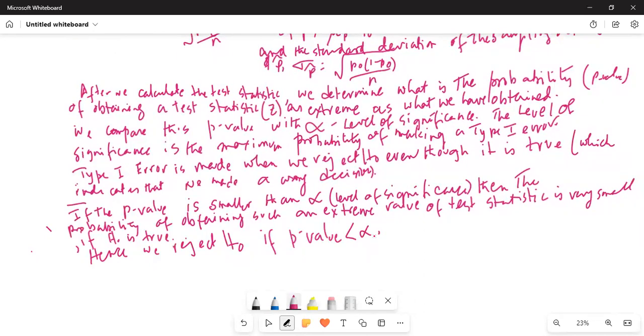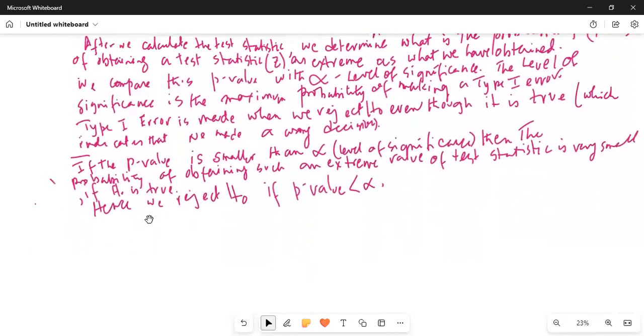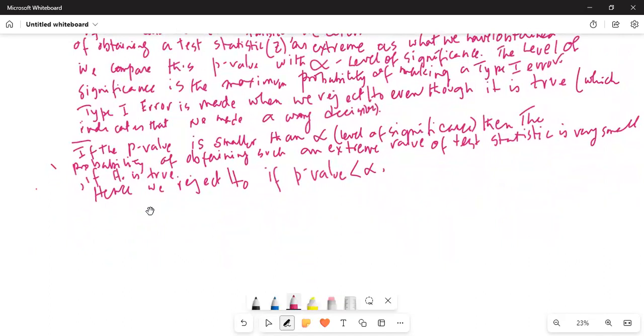Okay, so let's do this test now using the TI-84 calculator. Again, to remind you, H0: p is equal to 0.14, the hypothesized value of the population proportion, and the alternate hypothesis is p not equal to 0.14.